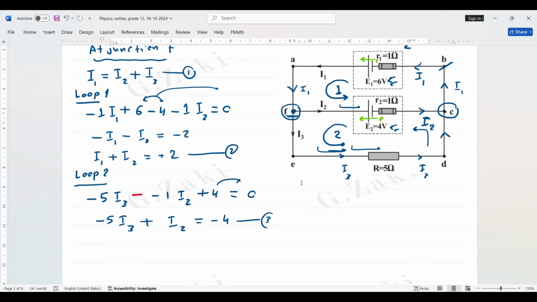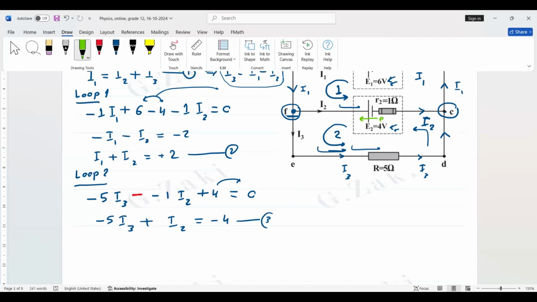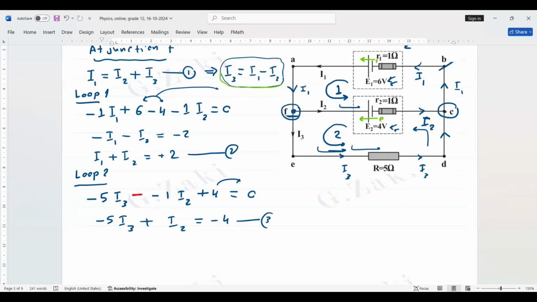From equation 1, we can get I3: I3 equals I1 minus I2. So this is I3. Now, what do we do? We take I3 and substitute it here. Can you see? This is I3.